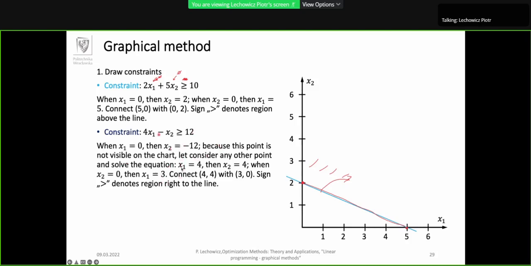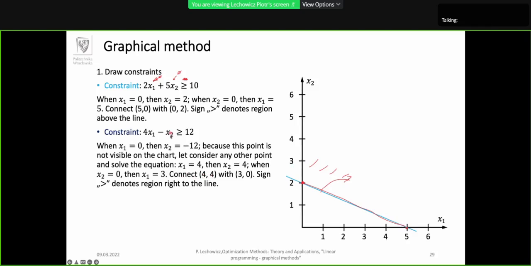So let's assume that x1 is equal to 4. So here we have 4 multiplied by 4 is equal to 16. So we have to subtract 4 to satisfy this temporal equality that's equal to 12. So we have a point 4, 4.